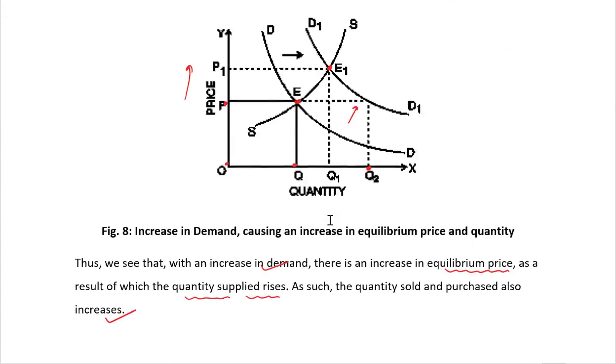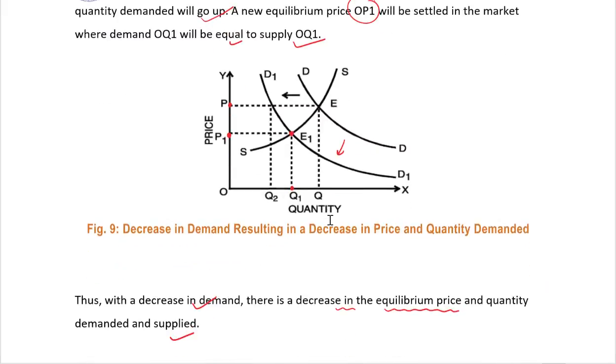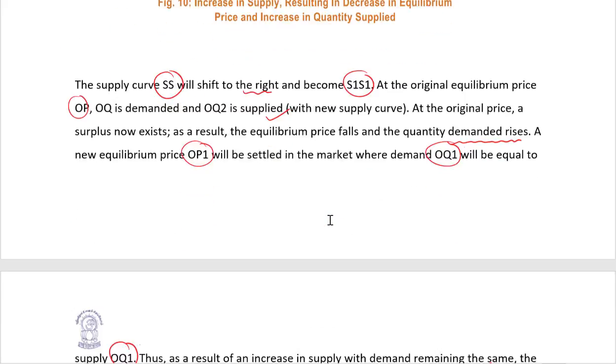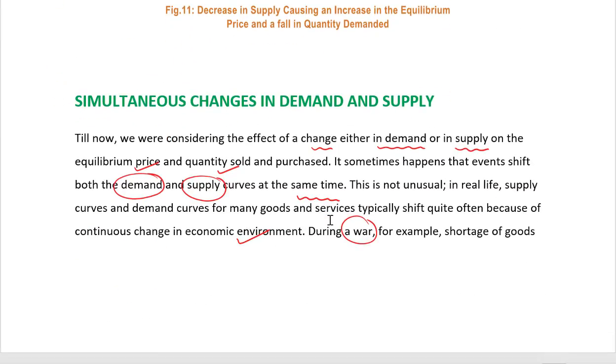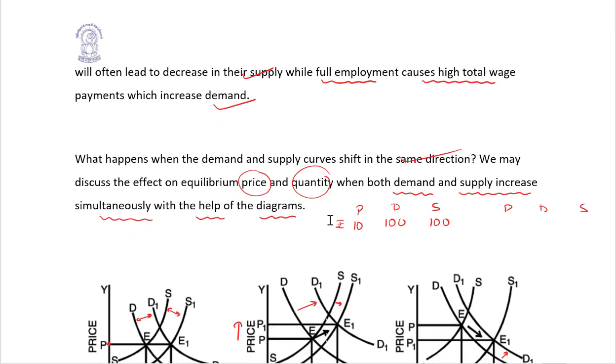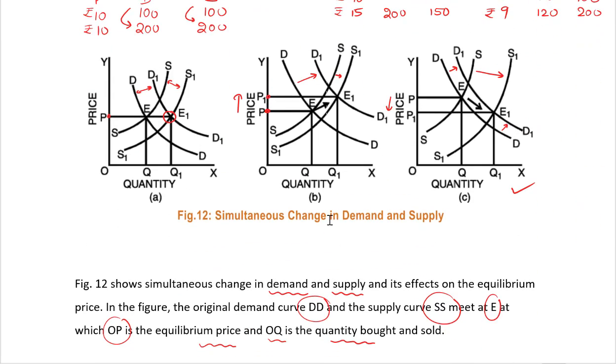We have seen the various cases in relation to this: case 1, case 2, case 3, case 4, and simultaneous changes in the demand and supply curves. A simultaneous change could be a positive change or a negative change. It may happen that both demand and supply increase, or both decrease, but in various proportions, maybe equal, maybe more, maybe less.